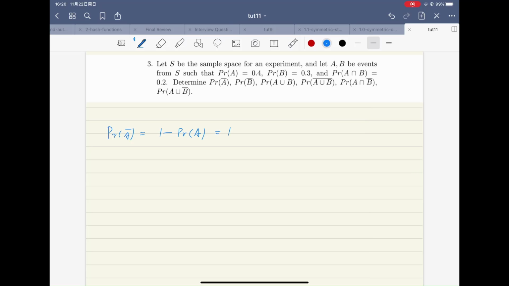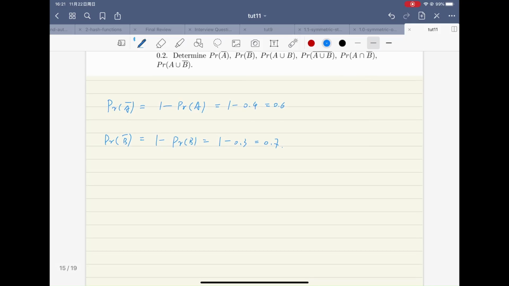So we have 1 minus 0.4, we got 0.6. Similarly, for the probability of the complement of event B, we have 1 minus the probability of B, which is 1 minus 0.3, just 0.7. Pretty simple.